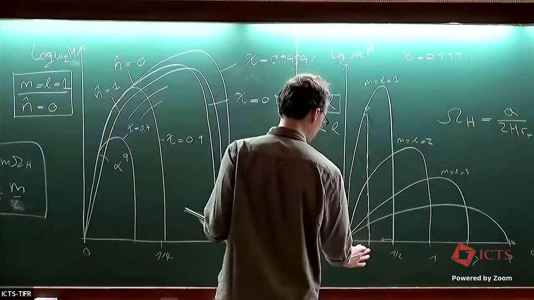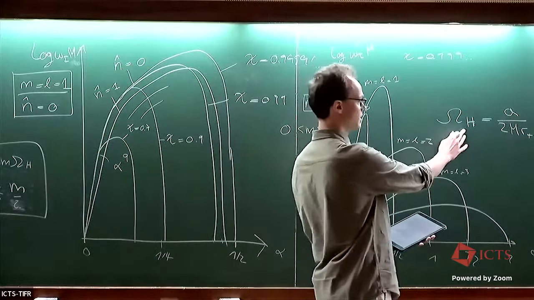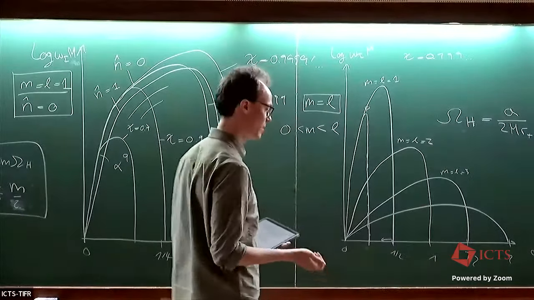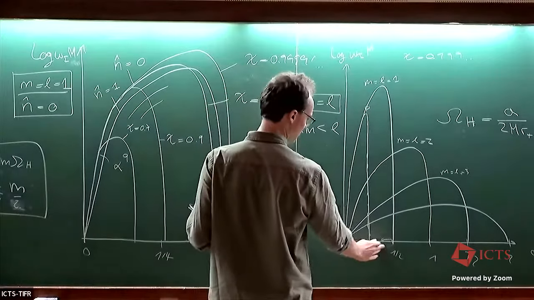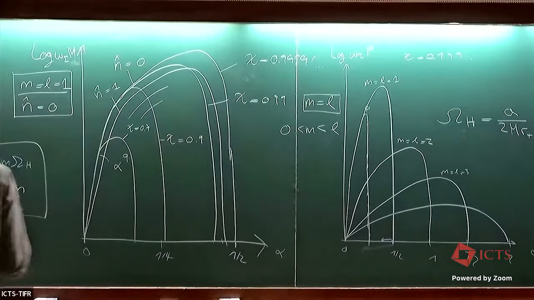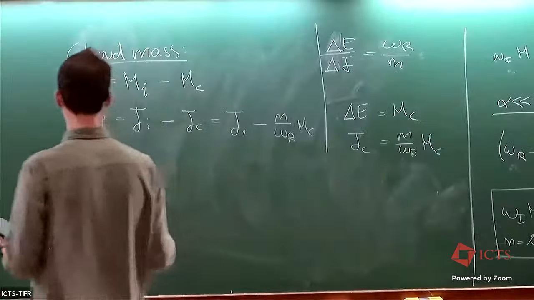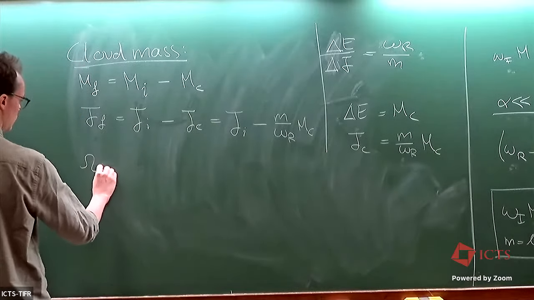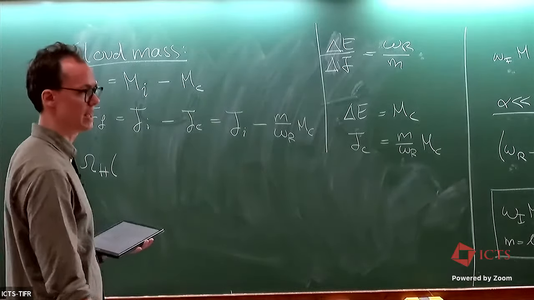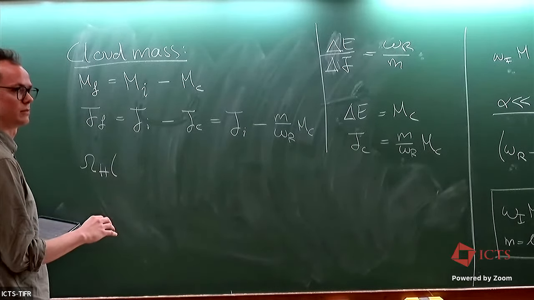As the horizon frequency reduces while the superradiance cloud extracts the angular momentum, this line shifts over here, and eventually it will match up with where we sit in the parameter space. Over time, the superradiance condition will eventually be satisfied at the location that we are at in the parameter space.